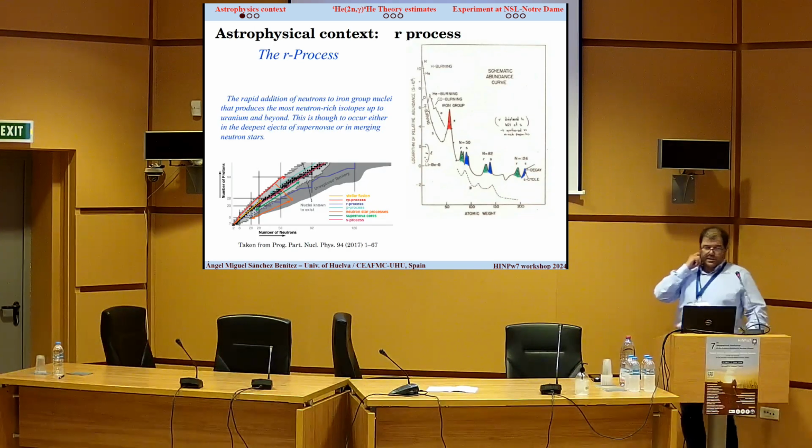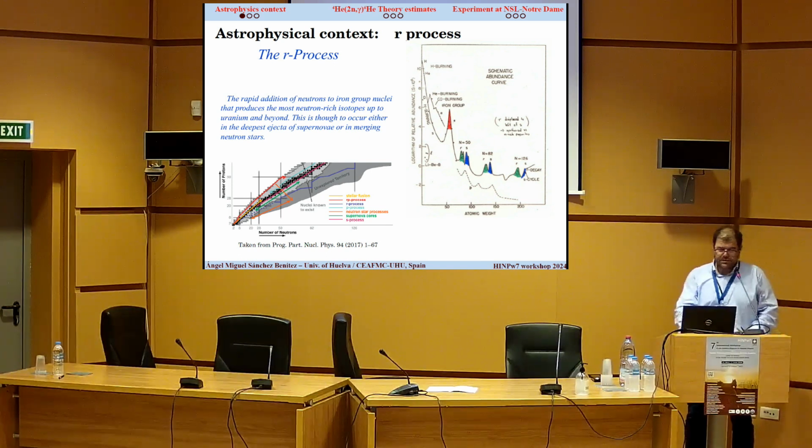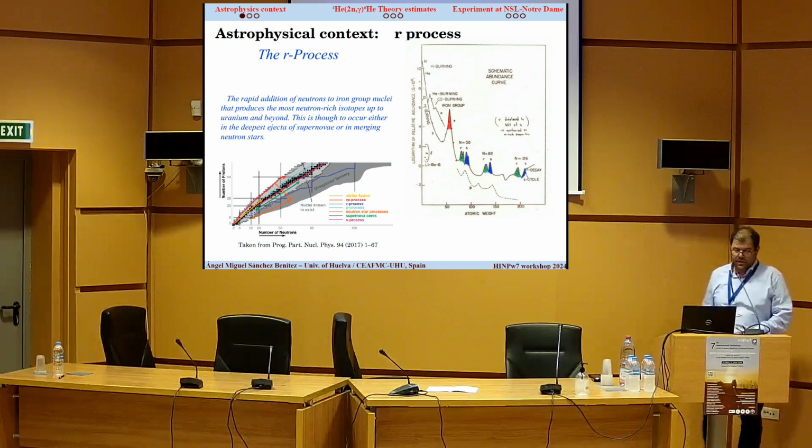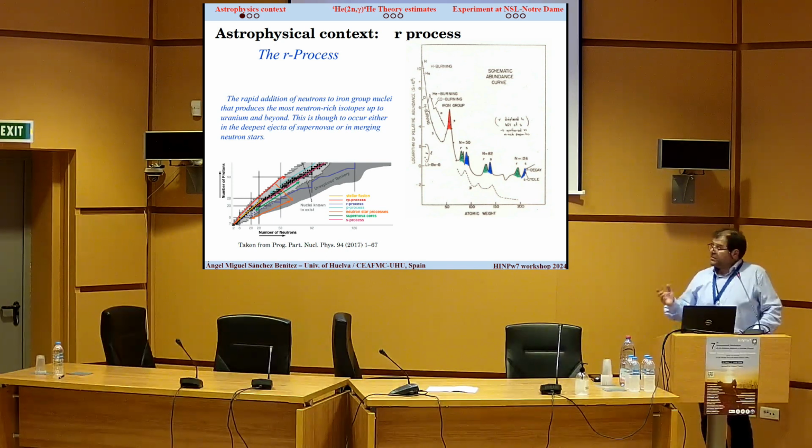So, astrophysical context, the R process. What is the R process? The rapid addition of neutrons to iron group nuclei that produce the most neutron-rich isotopes up to uranium and beyond. These are proposed astrophysical scenarios, not already found, where the R process occurs: in the deepest ejecta of supernovae and emerging neutron stars, or neutron star mergers.